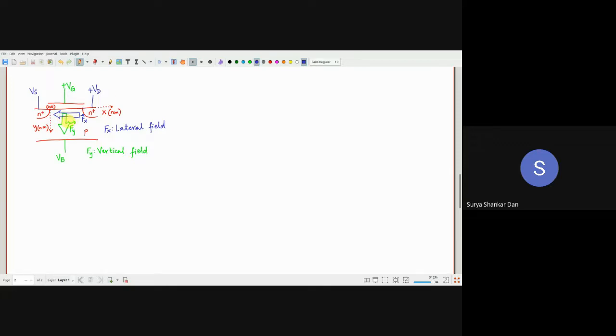Clearly Fy is going to be much larger than Fx because the source and the drain terminals are far away from each other, whereas Fy is not so far away. So all the electrostatics in the long channel MOSFET will be defined with respect to Fy.